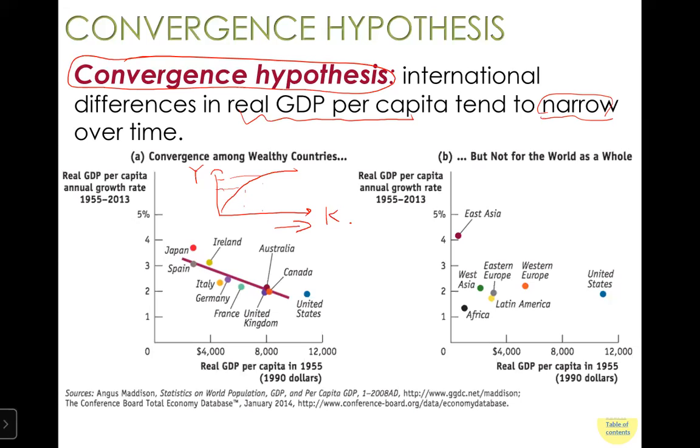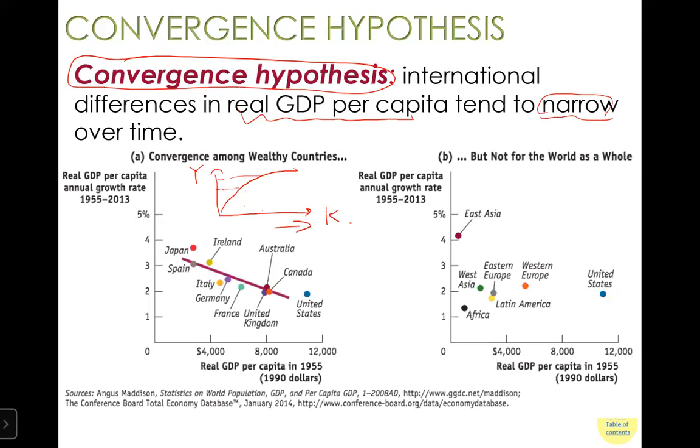Why is that? It's because once a country becomes richer, in the process of growth, the country is going to accumulate more physical capital. Now, the more physical capital they have, the diminishing return to physical capital will kick in, meaning the additional unit of capital the country accumulates will bring less and less improvement in labor productivity, or equivalently, less and less economic growth.